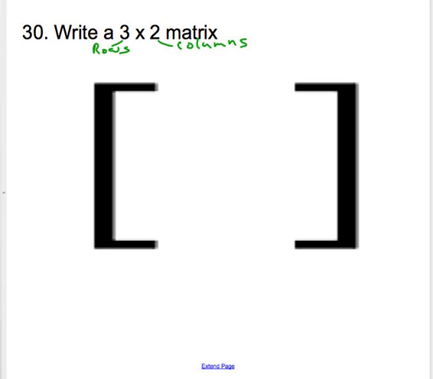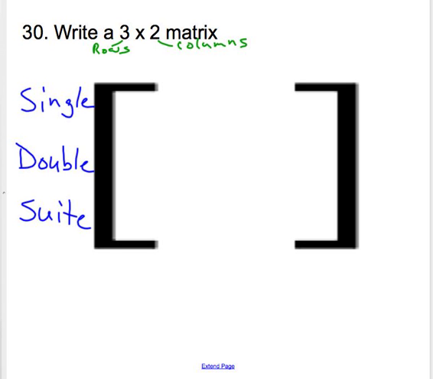We have 3 different types of rooms, that's going to be our rows. So, for instance, row 1 could be the single room. Row 2, the double room. Row 3, the suite.